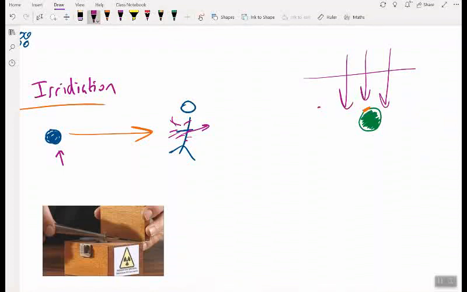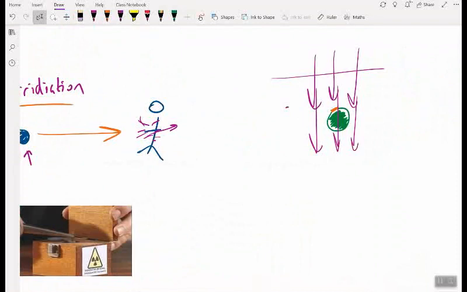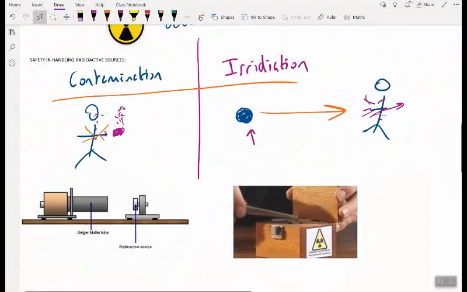It'll ask you, why are they safe to eat? People think, oh no, it's been irradiated, that's bad. Well, no, it's fine, because the radiation has passed through. When would it be unsafe? If some of this radioactive material got onto the food and stuck, and then you eat it, then you'd be contaminated. So we have to be really careful about these two terms, irradiation and contamination.